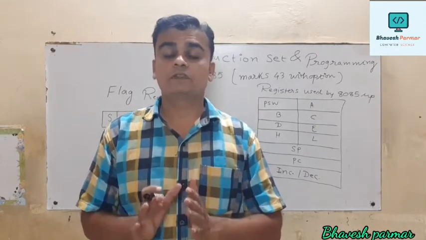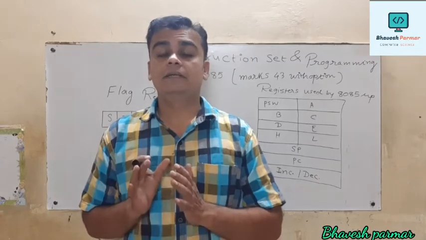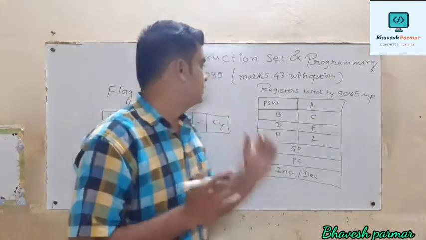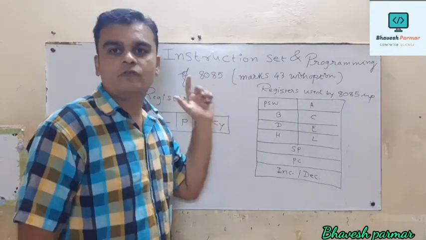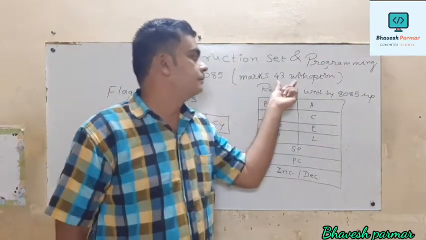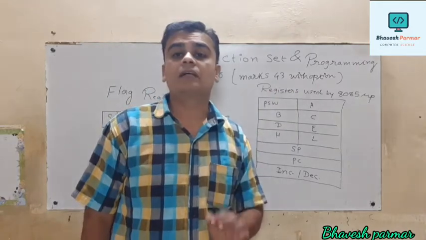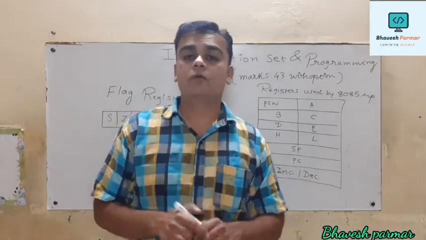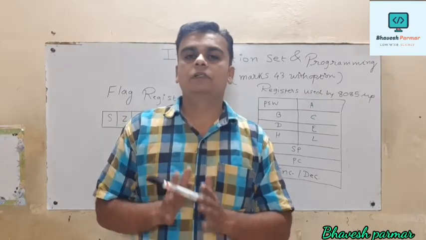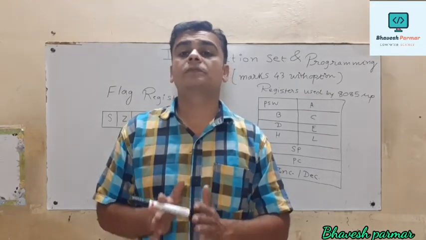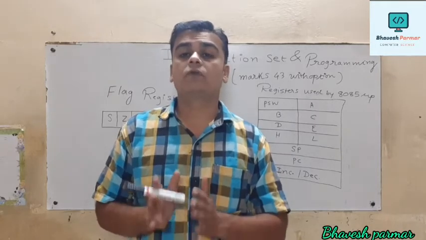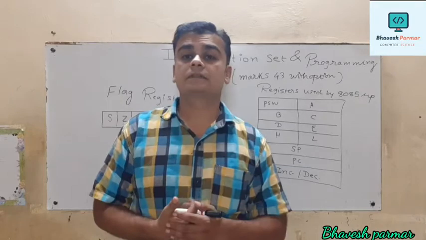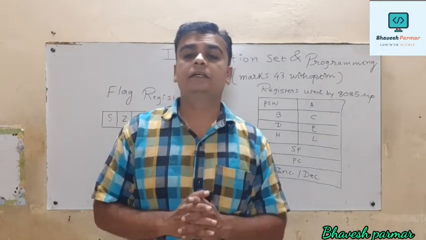Before starting this lesson, let me explain how important this lesson is. If we see the weightage of this lesson, it consists of 43 marks with option. In the HSC board examination question paper, questions are asked for 43 marks. How does this 43 marks get calculated?